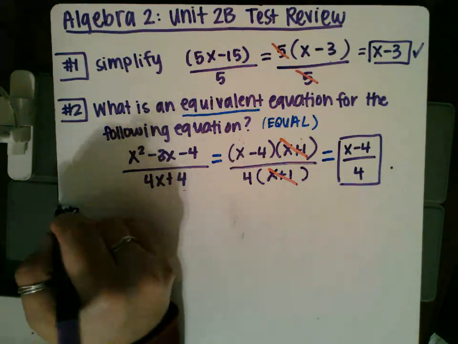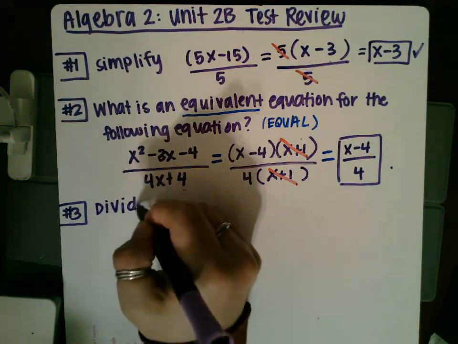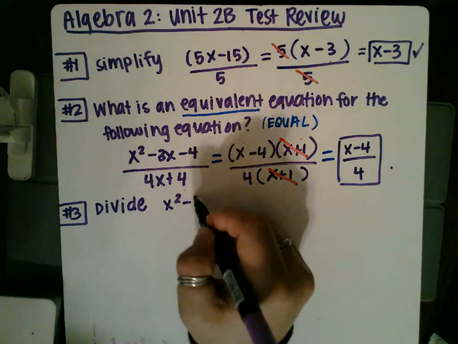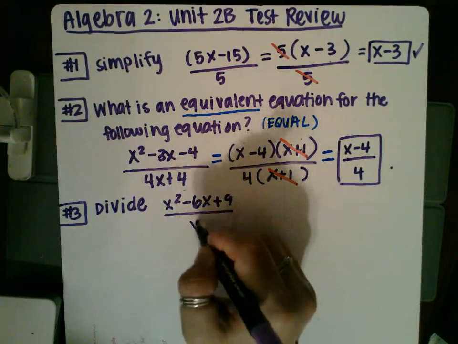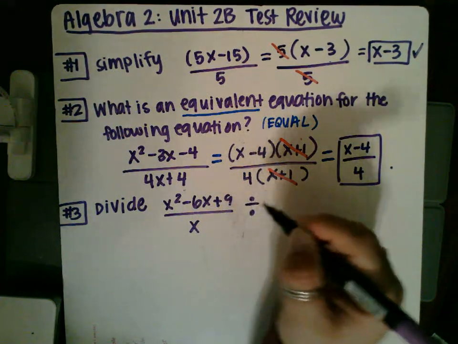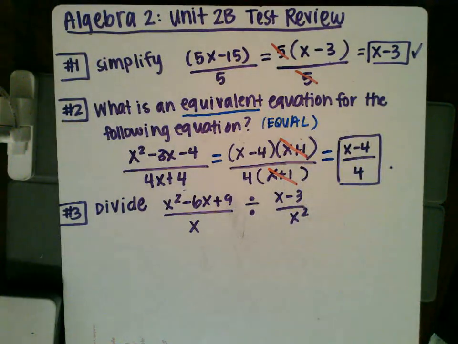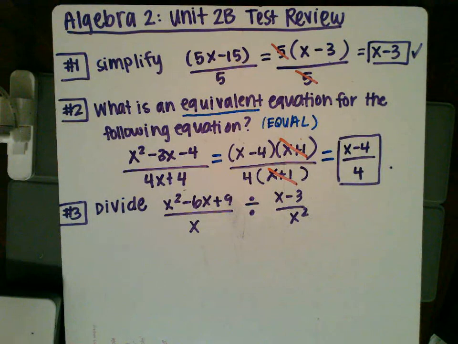Number 3 says to divide x squared minus 6x plus 9 all over x divided by x minus 3 over x squared. And when we have rational expression division, a rational expression divided by a rational expression, what this calls for is a very specific technique.